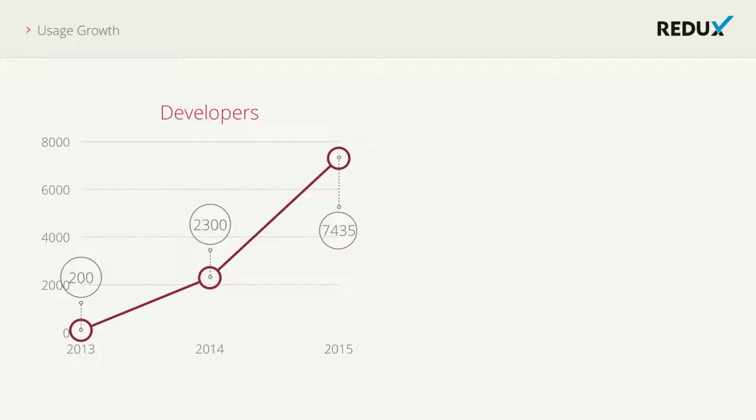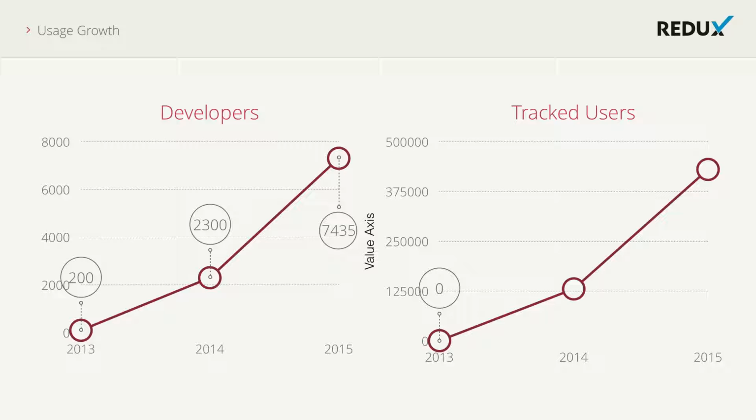Yeah. And also our user base has increased dramatically as well. We know this because we instantiated in 2014 an opt-in tracking system, and to date we have known of 462,000 people who have opted into tracking across the world. That is your users who are saying, I'm willing to be tracked.